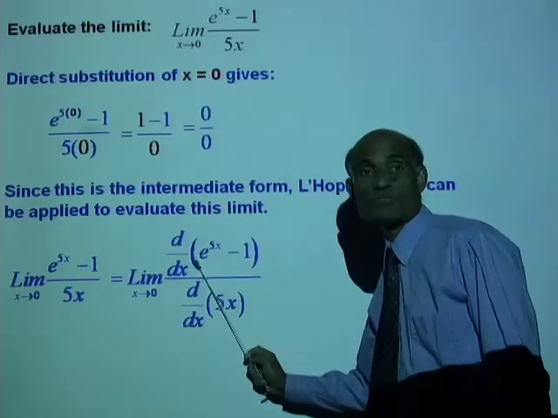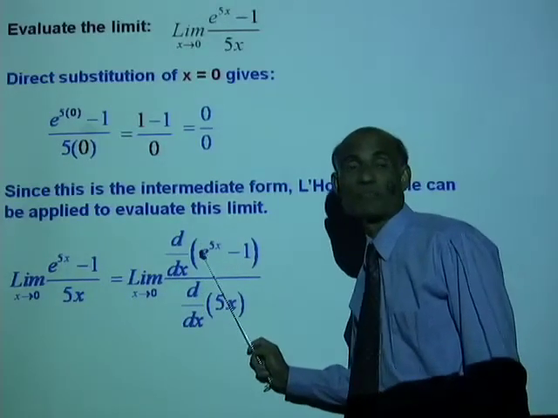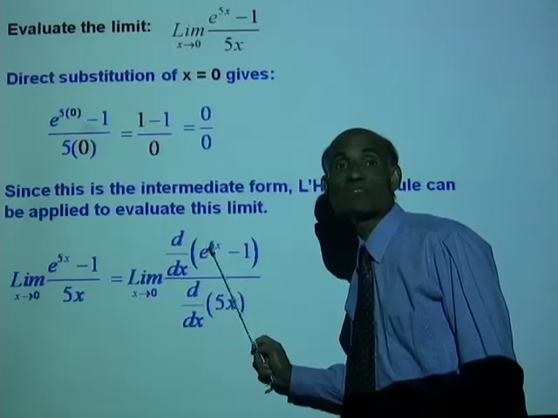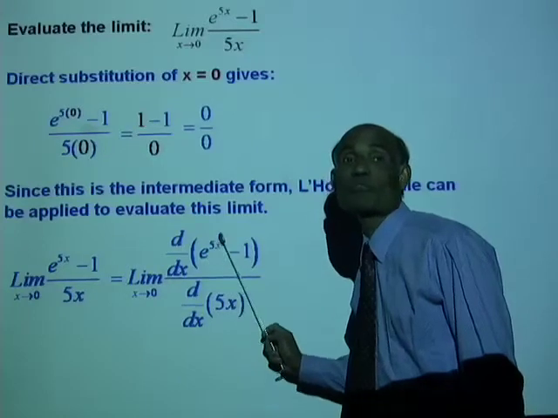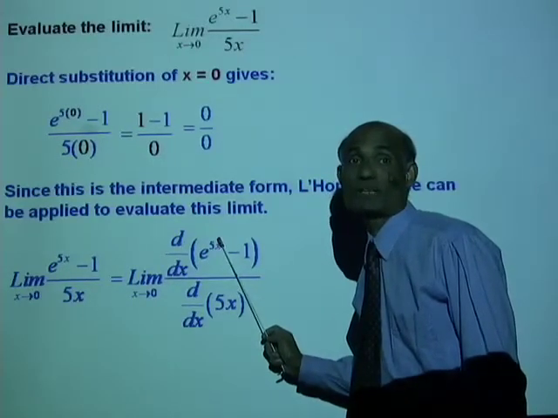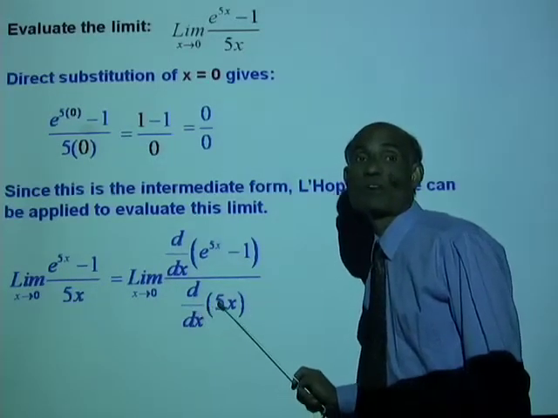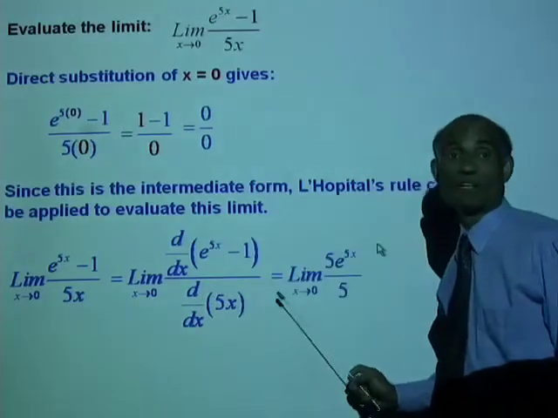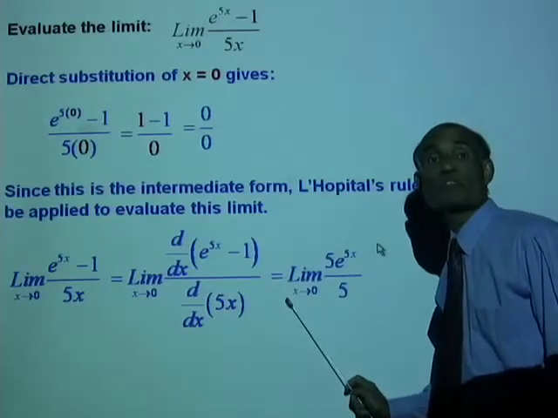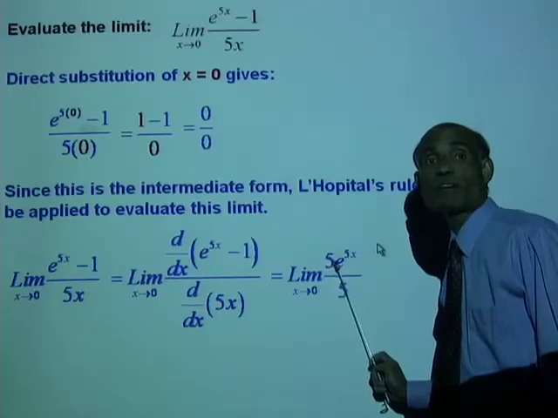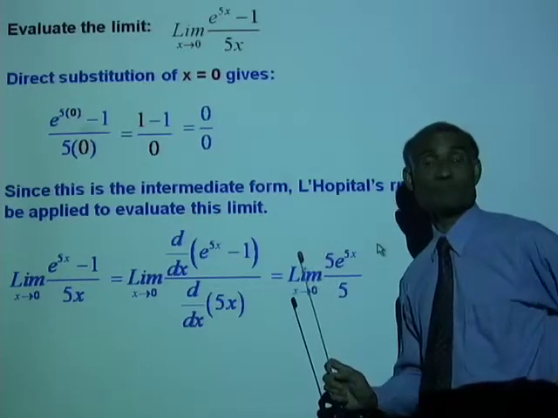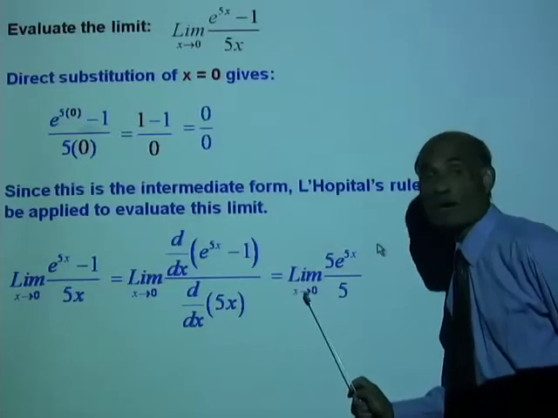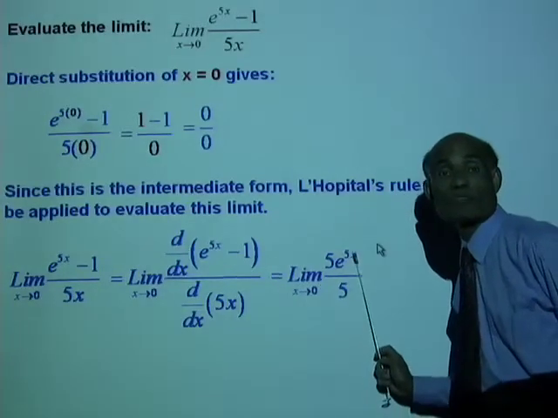Now tell me, what is the derivative of the numerator? The derivative of e to the power of 5x is 5 e to the power of 5x. And the derivative of 5x is 5. So that will be the limit as x approaches 0 of 5 e to the power of 5x divided by 5. Now can we replace x by 0?